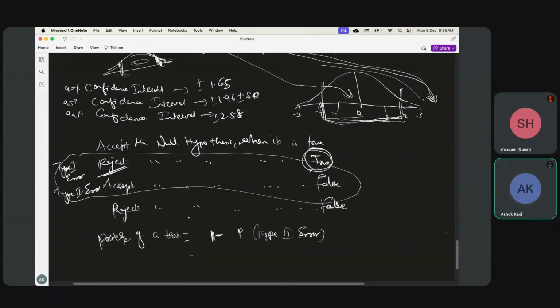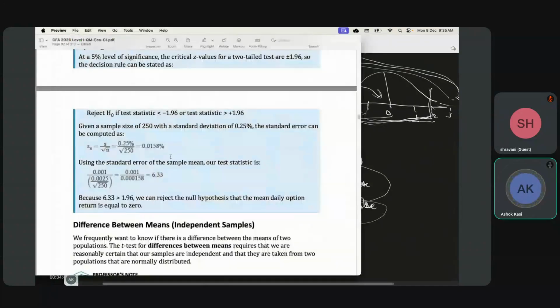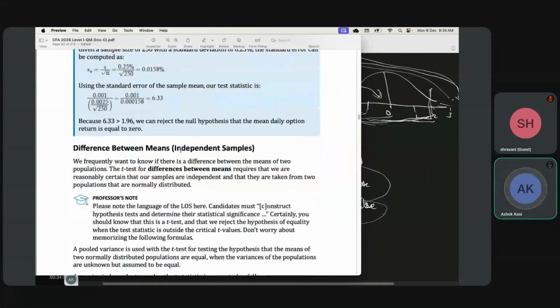That means how correctly you are able to reject when it is false. That is called power of a test. These are some terms associated with it.